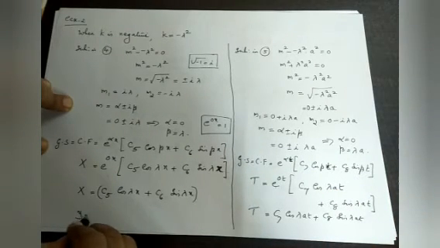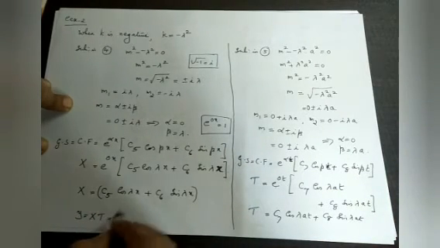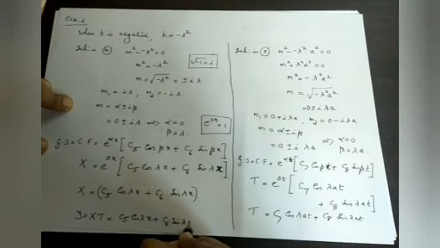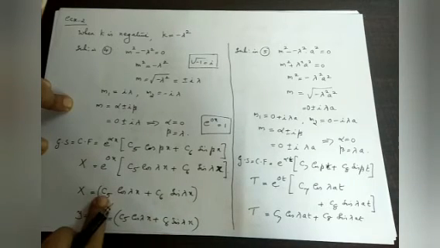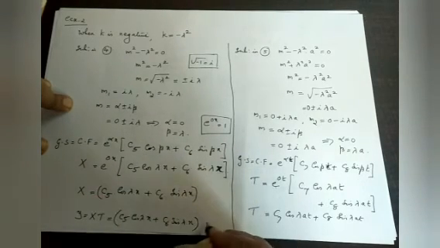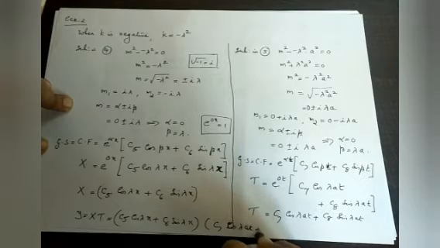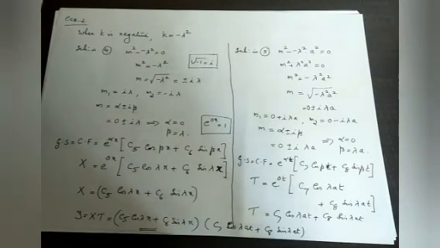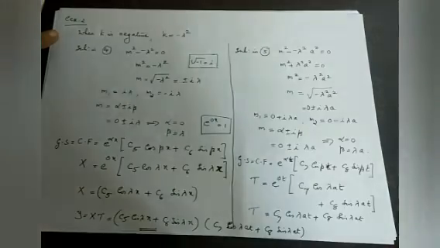Now y is equal to X T becomes in this case C5 cos lambda x plus C6 sin lambda x into, in the place of x we have this solution, and in the place of t we have this one, C7 cos lambda a t plus C8 sin lambda a t. This is the solution of the one-dimensional wave equation when k is negative.